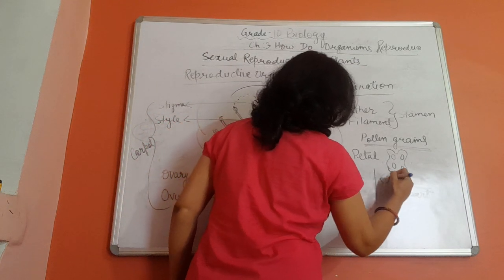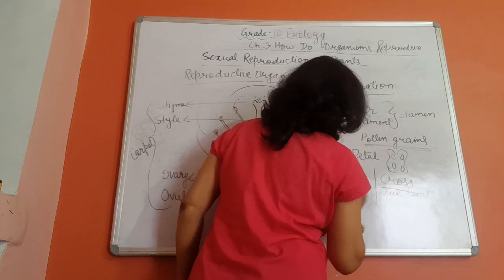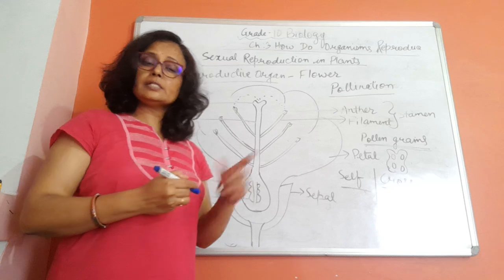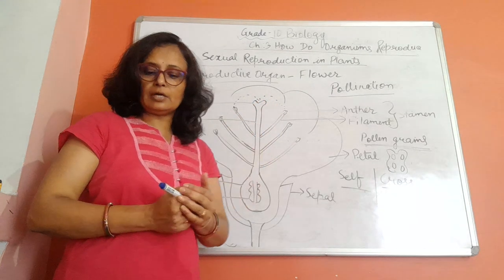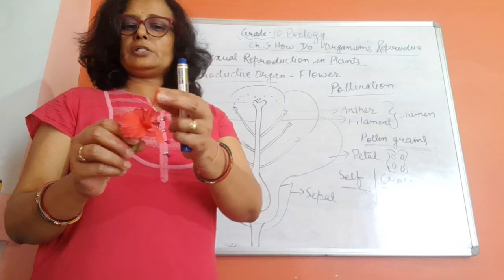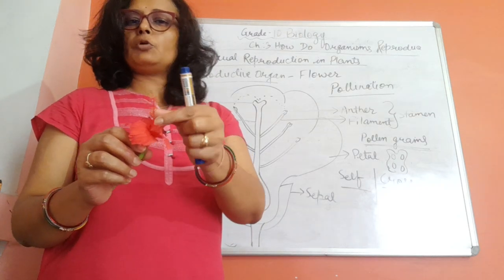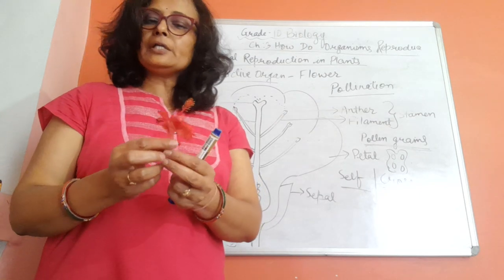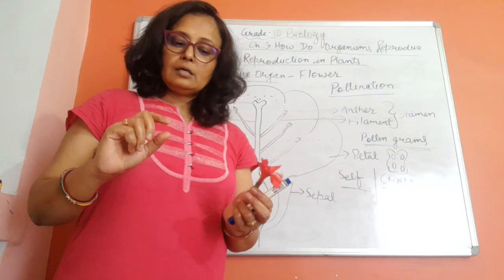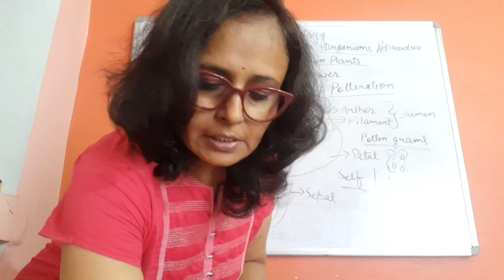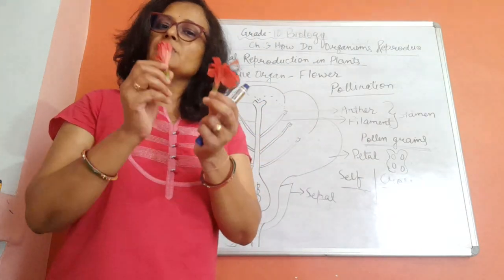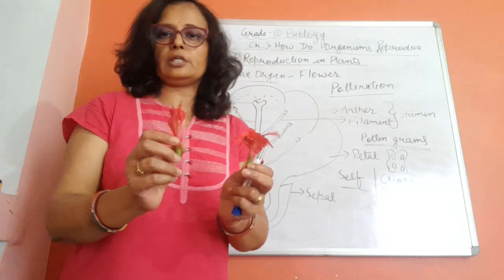Self and cross pollination. What is self pollination? When pollination takes place in the same flower, like this, in a single flower, then this is called self pollination. From anther to stigma, pollen grains are getting transferred. If pollination takes place in two flowers of the same plant, that is also self pollination.